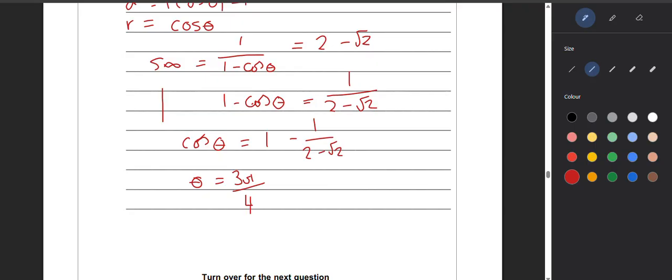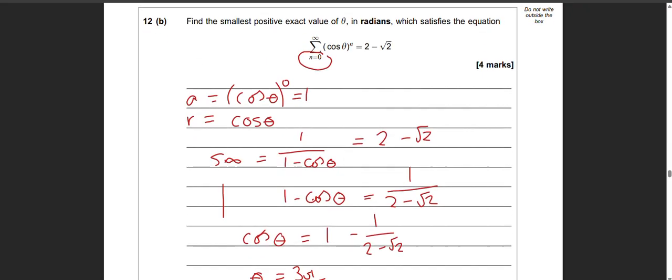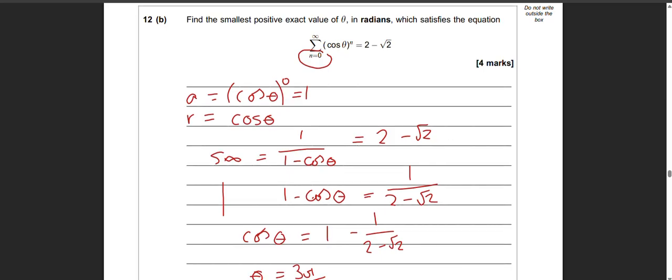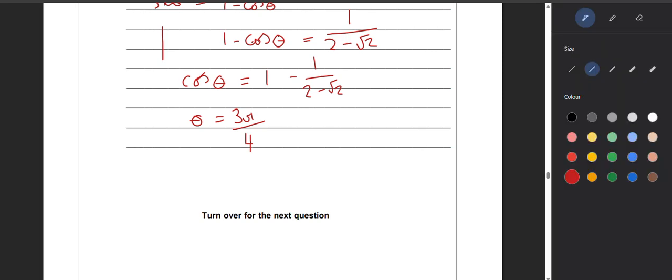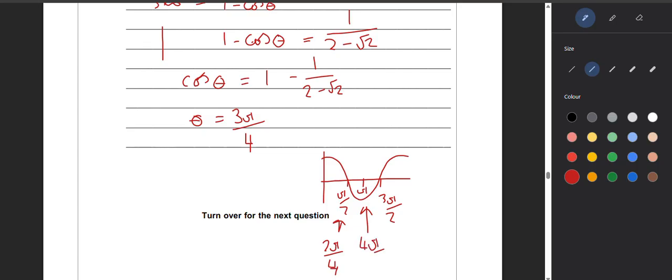And we just need to check that is the smallest value, because we know for cos and trig values that they are periodic and they repeat and have multiple values. So if we just picture cos, cos does this. That's pi over 2, that's pi, that's 3 pi over 2. And if I make that out of pi over 4, that would be 2 pi over 4, that would be 4 pi over 4.